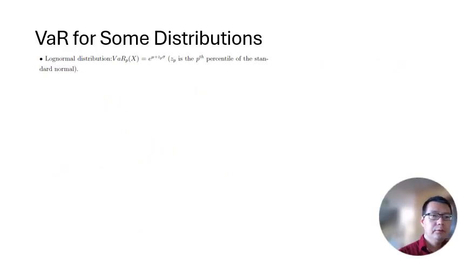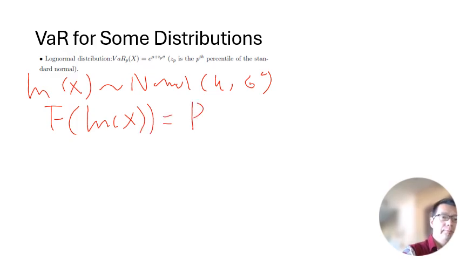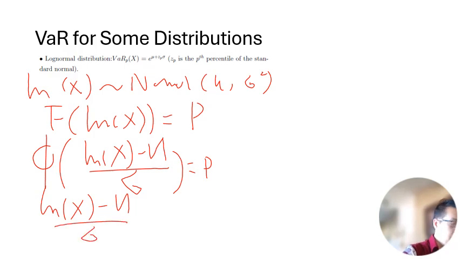Okay, for the log normal distribution, it means log X is normally distributed with mu and sigma squared. Then in this case, we still want to find this equal to p, and this we can further express as this equal to p. Then this will be equal to the inverse of this, which is just this.